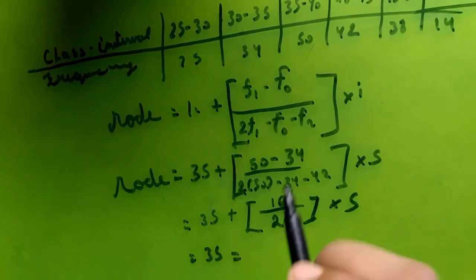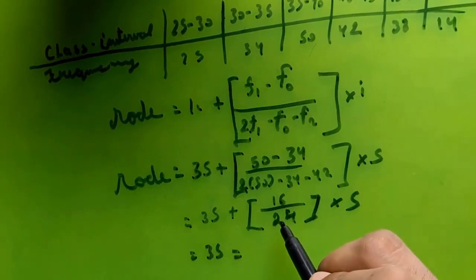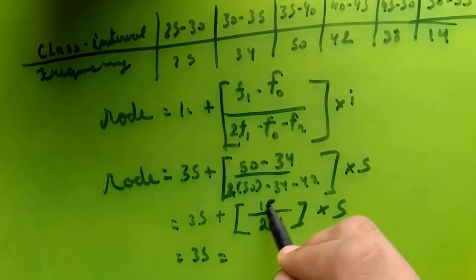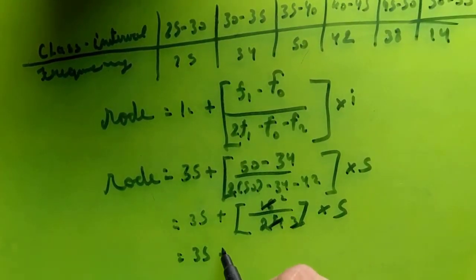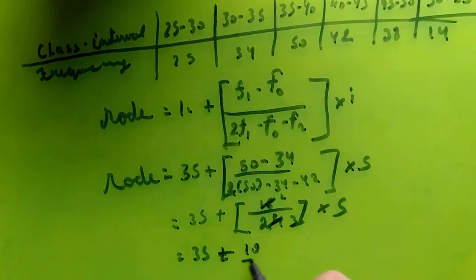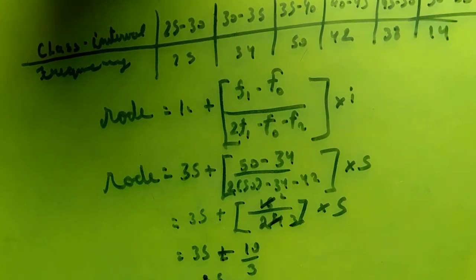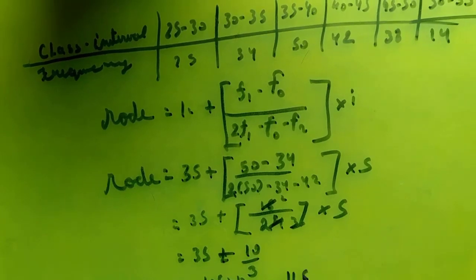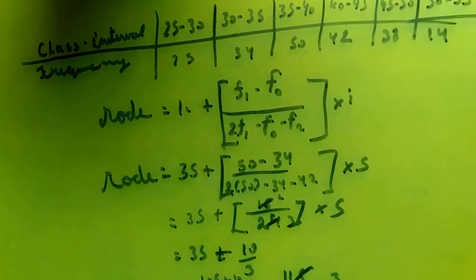Therefore, 35 plus 2 upon 3 into 5 is 10 upon 3, so 105 plus 10 equal to 115 upon 3, which is equal to 38.33.